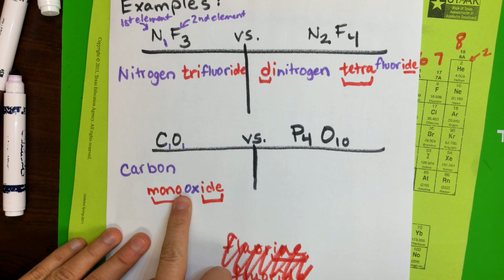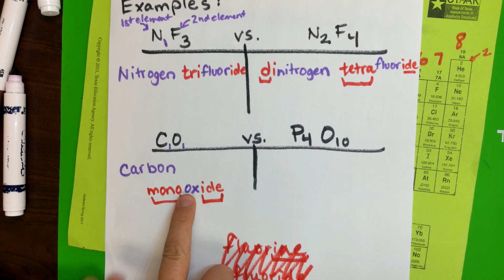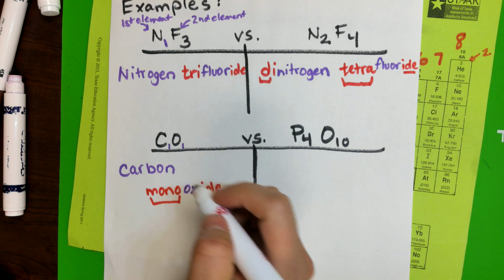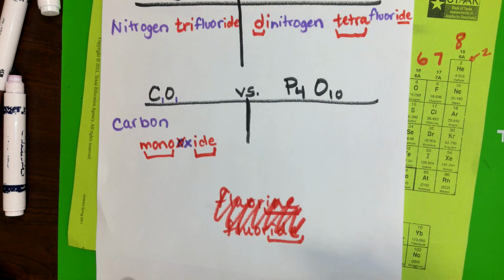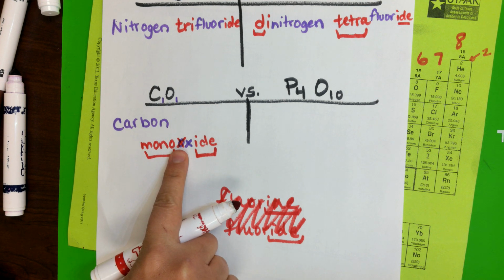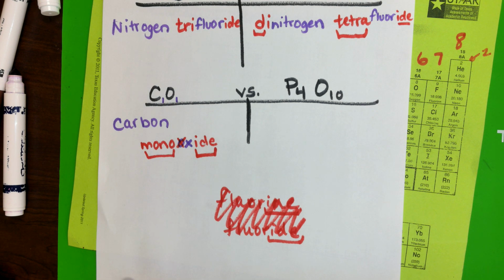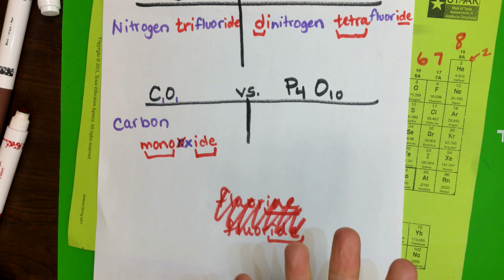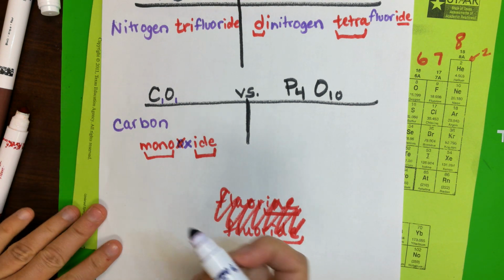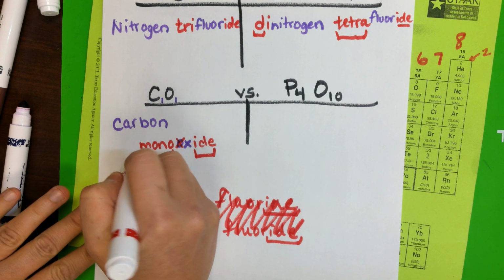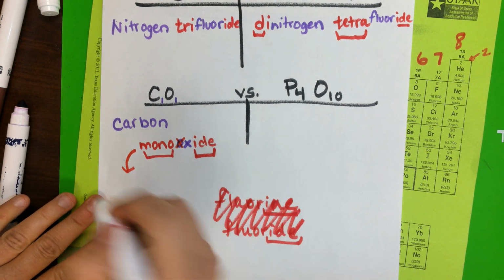And if you see these O's, those two O's, you never double up on O's. So you need to get rid of one. Okay, you never double up on O's. And it's part of the rules that I wrote for you. Okay, so really, it will be carbon monoxide. And I'm going to rewrite this so you can see how it's written.